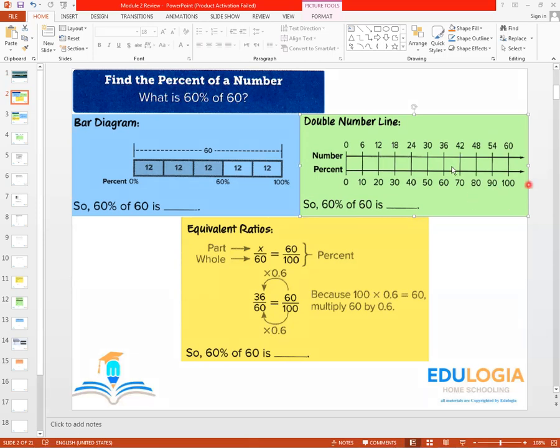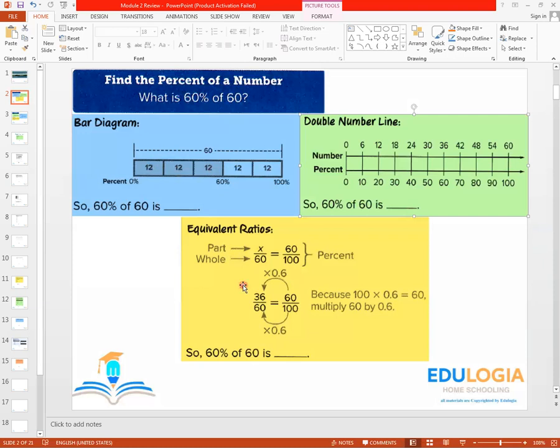And here, if you want to find 60% of the number, what's the 60%? It's here. And it is 36 above. So 60% of the number is 36. 12 times 3 is 36.